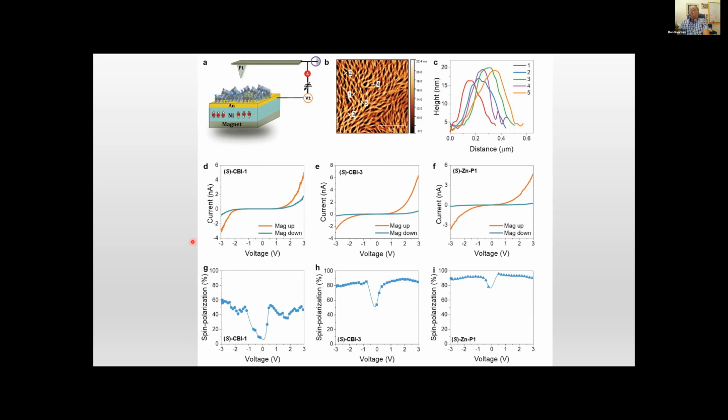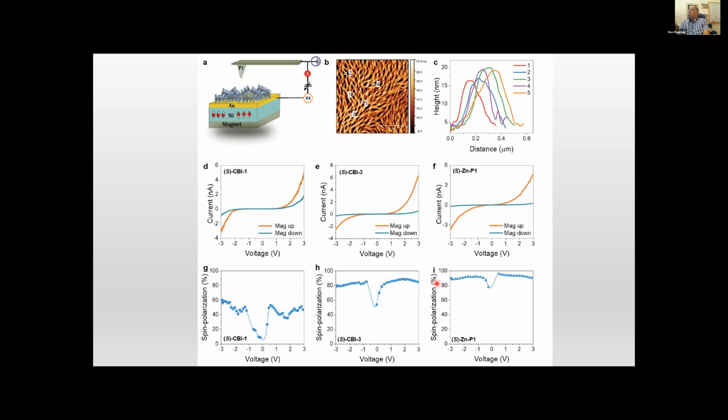And here are the results. You see that the spin polarization is very significant. And clearly, the polarization is huge. And here you see the spin polarization calculated. The spin polarization means here the current for one spin minus the current for the opposite spin, over the sum.